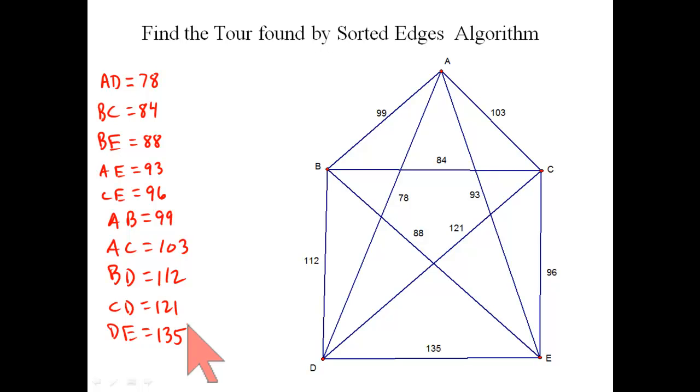Remember, you can't put more than 2 edges into a single vertex, and you can't prematurely complete a circuit. AD, can I put that in? Yeah, I think so. So let's take the 78 and put it in. How about BC of length 84? Sure.